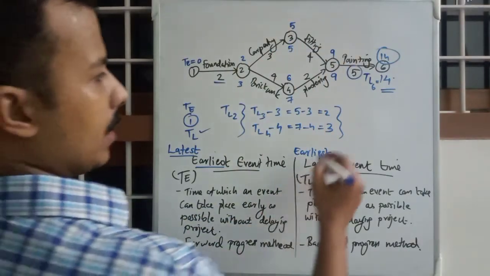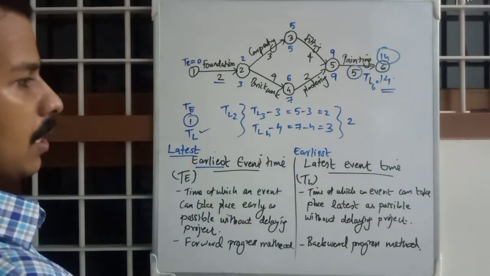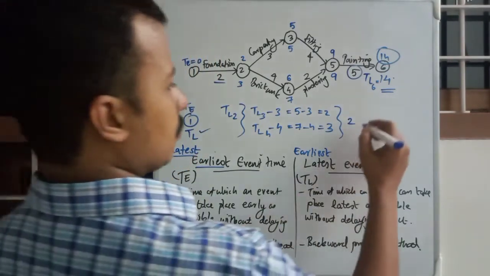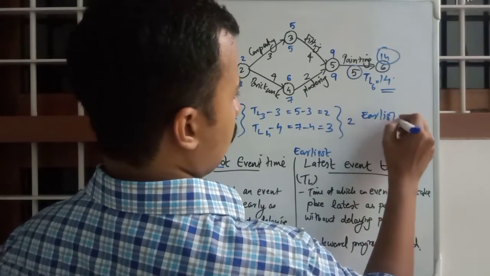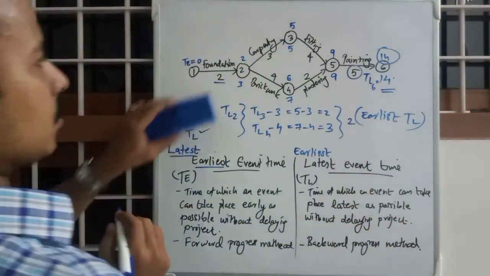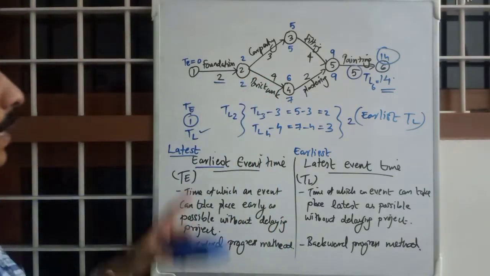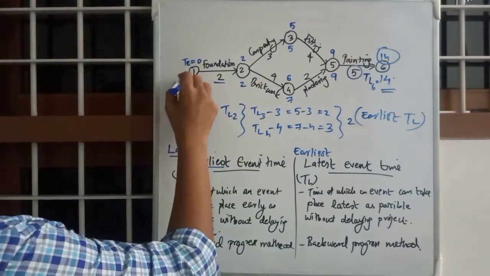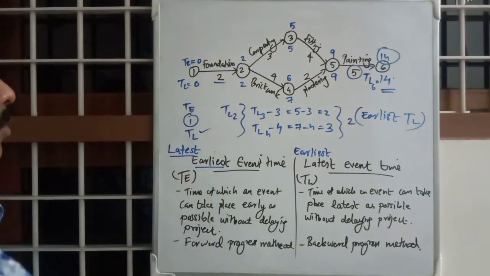Hence we will take it as earliest TL. That is 2 again, and TL of 1 will be 2 minus 2, 0.